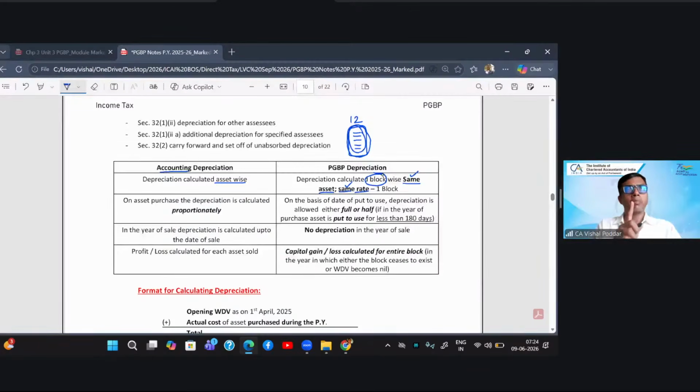Importantly, if any building out of these 12 is sold, the value is deducted from this. If any new building is purchased, the value is added in this. I'll show you the format. Similarly, you have different types of machineries. Now, within plant and machinery, since different machines have different rates, they have created different blocks.